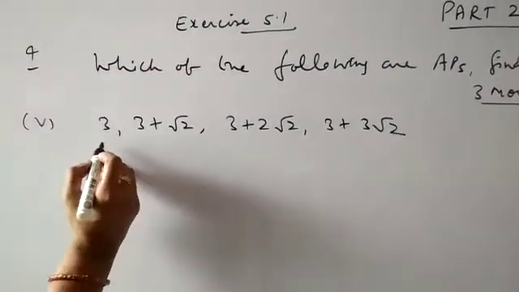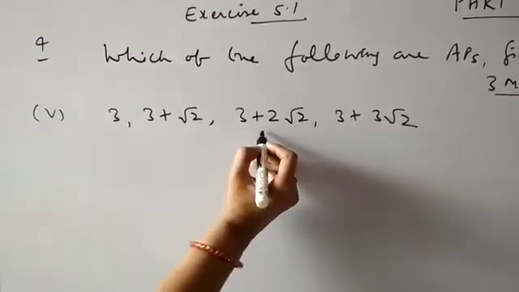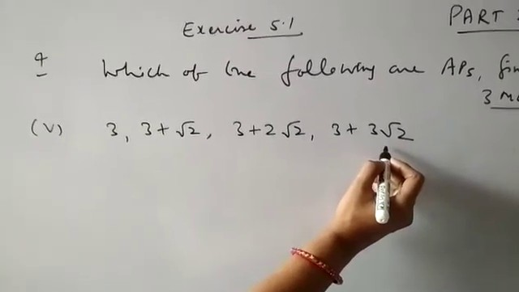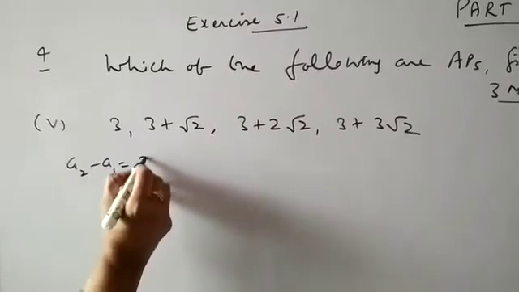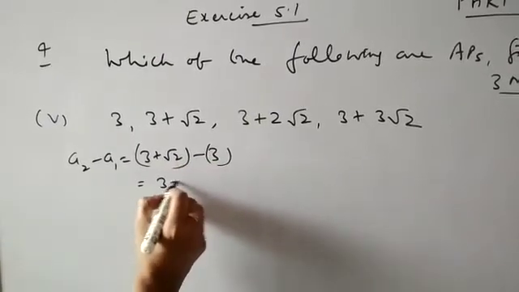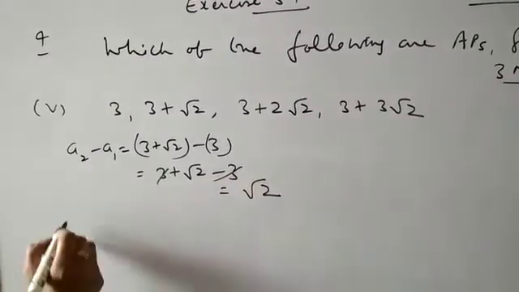Let's take the fifth part of the same question. 3 plus root 2, 3 plus 2 root 2, 3 plus 3 root 2. How do we check whether it is an AP or not? A2 minus A1, 3 plus root 2 minus 3, it will be root 2.